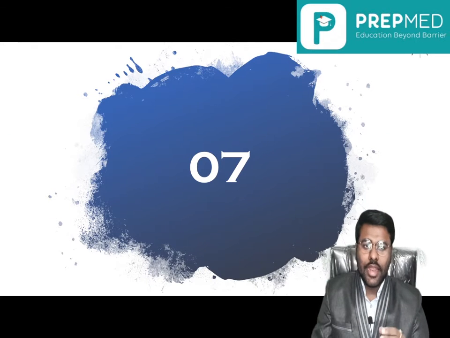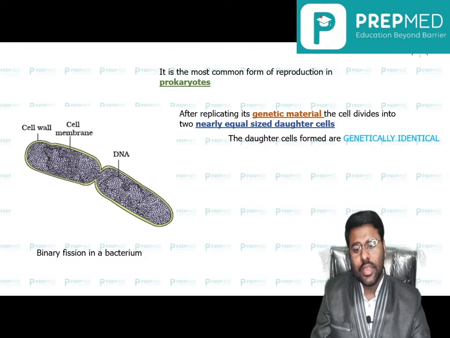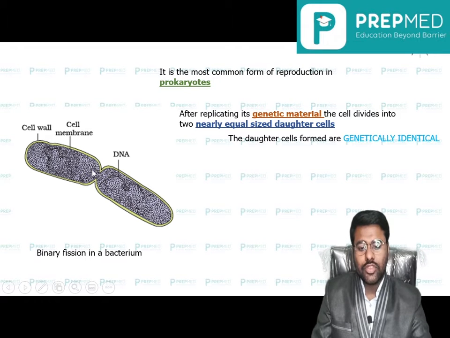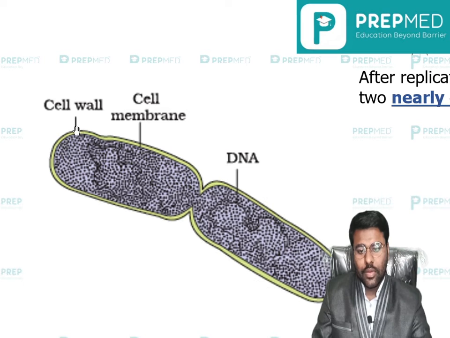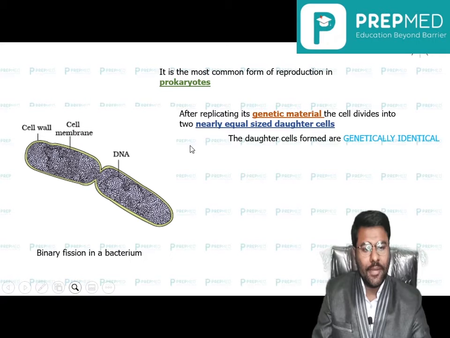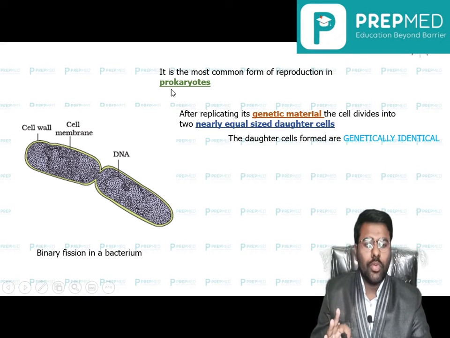Now coming to slide number 7, where you can see a clear image of binary fission of a bacterium. There is the cell wall, there is the cell membrane. The outer one is the cell wall, the inner one is the cell membrane, and this spiral thing is called DNA. It is the most common type of reproduction in prokaryotes.